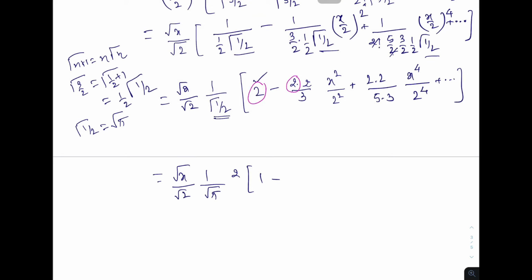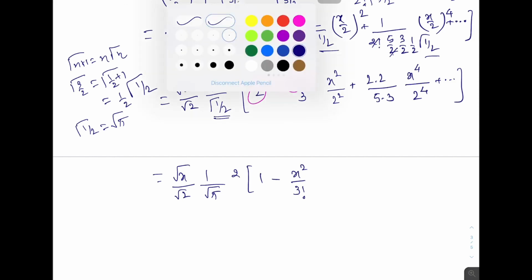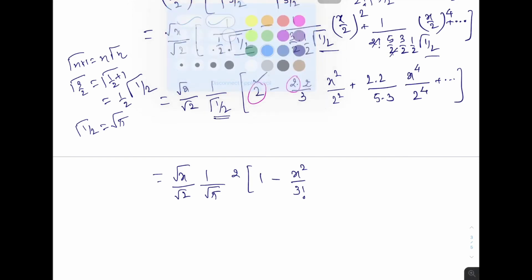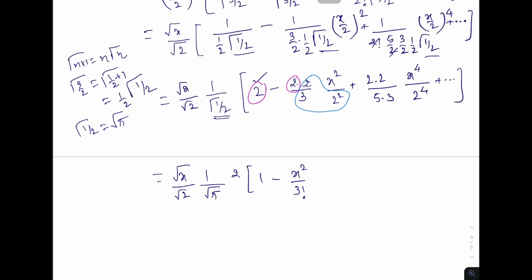So remaining is now x square over, see, 1 2 will get cancelled here, so 1 2 is there and 3 is there, so that is 6, and 6 can be written as 3 factorial. So x square upon 3 factorial, because 1 2 cancels and so 6, that means 3 factorial.